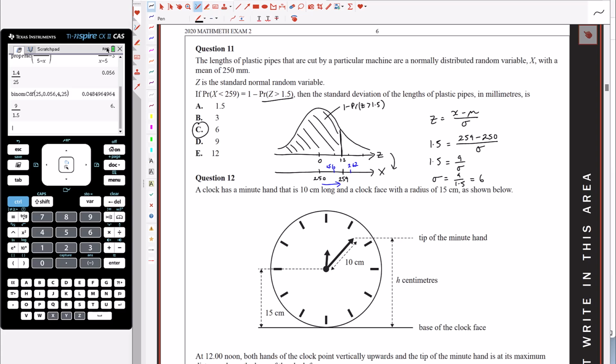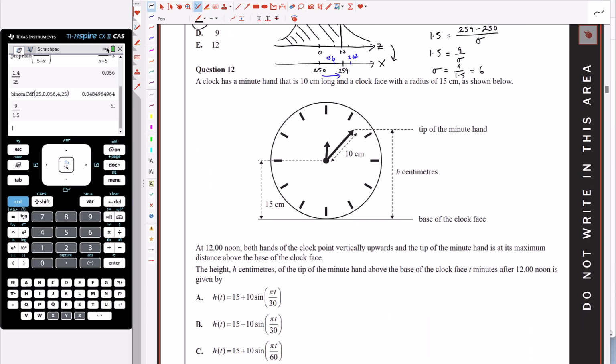So C. Question 12. A clock has a minute hand that is 10 centimeters long and a clock face with a radius of 15 centimeters as shown below. At 12 noon, both hands of the clock point vertically upwards and the tip of the minute hand is at its maximum distance above the clock face.